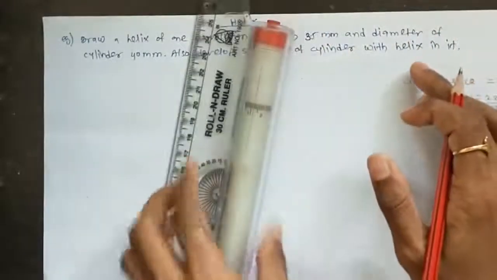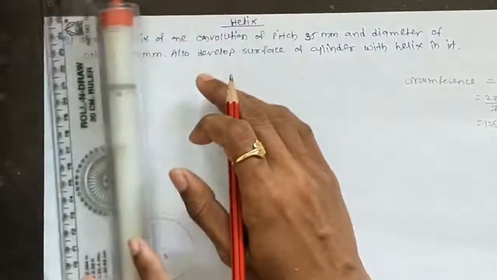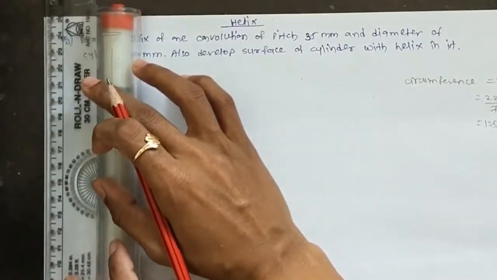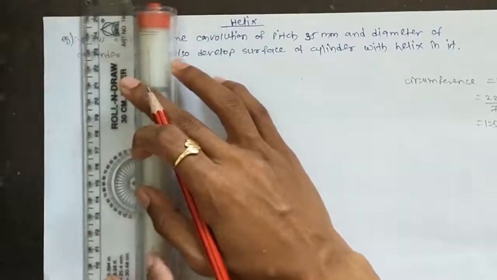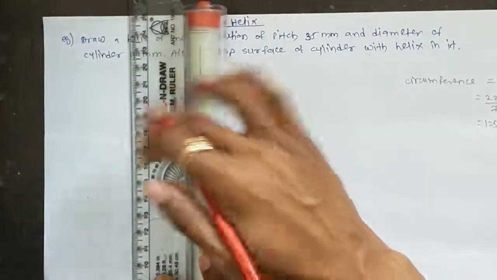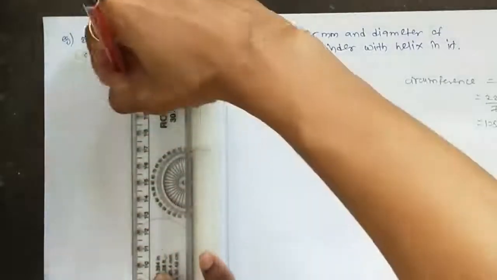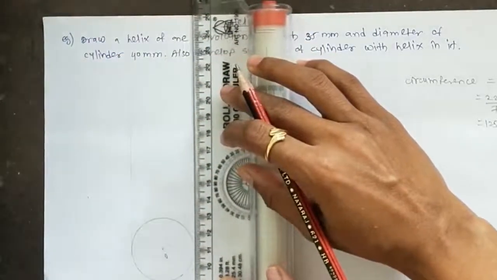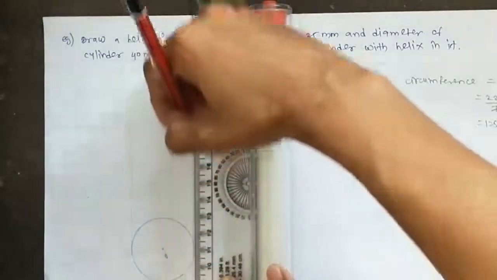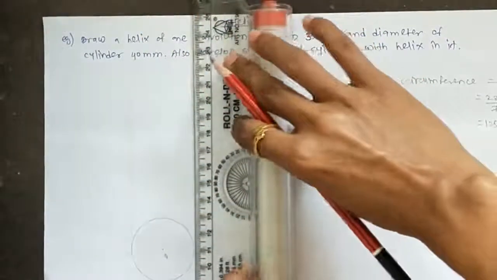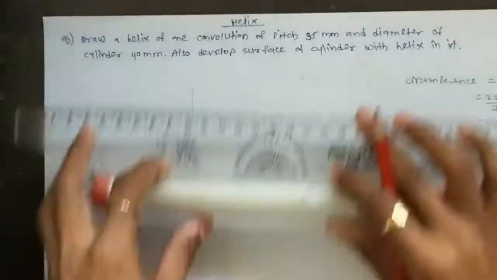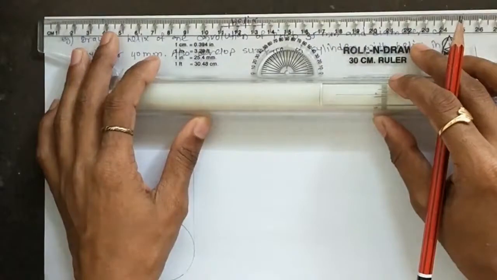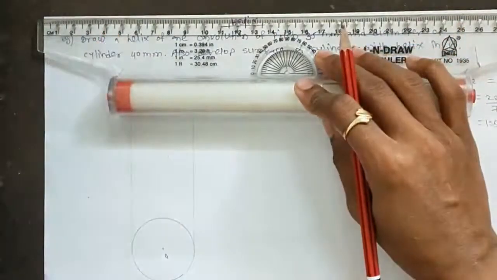So take projection of this circle in front view. So I will take parallel line to this page and draw projections. I will draw a center line of a circle parallel to the page.